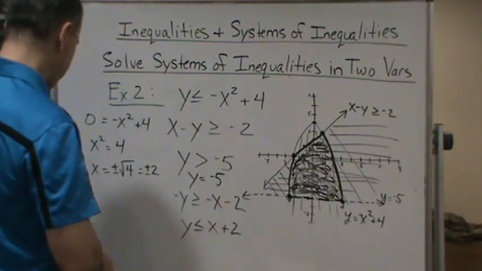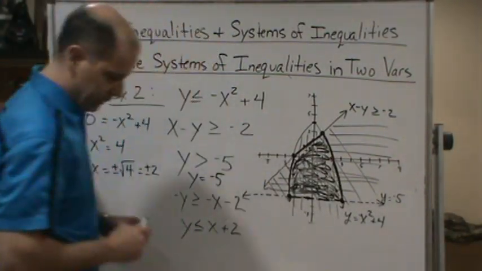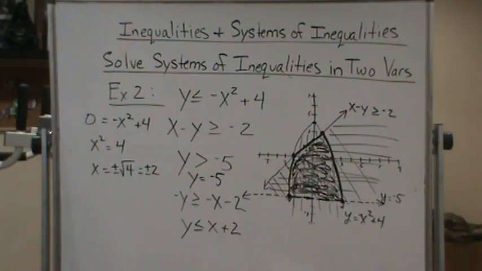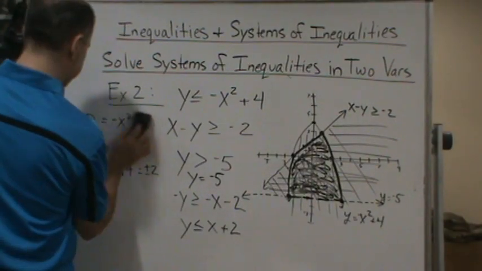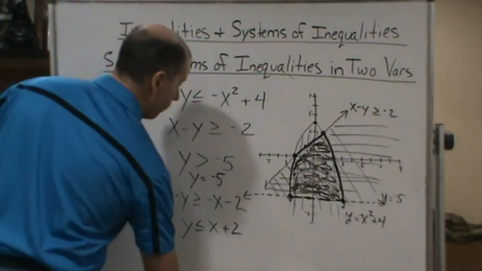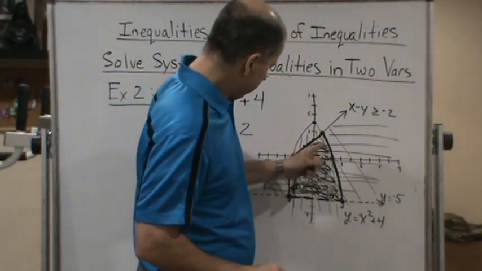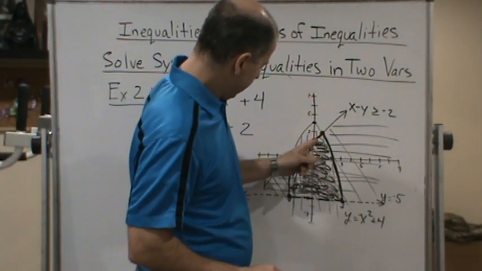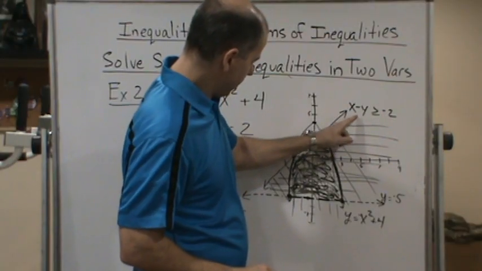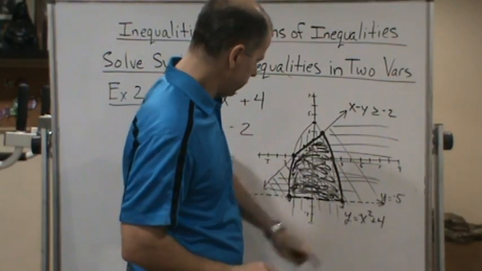Okay? And the way we find those is by just setting up the equations, right? And finding out where they intersect. Now, we want to find out where the parabola and this line here intersect. We're going to set this one equal to this one, right?